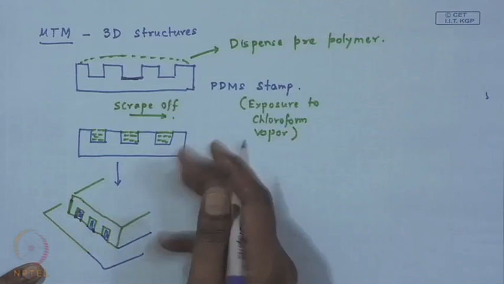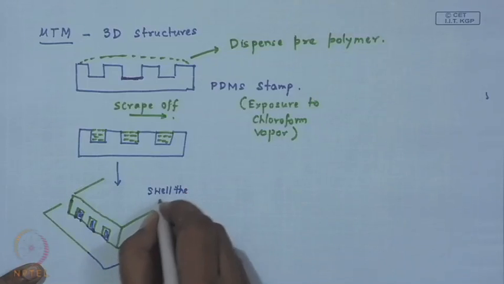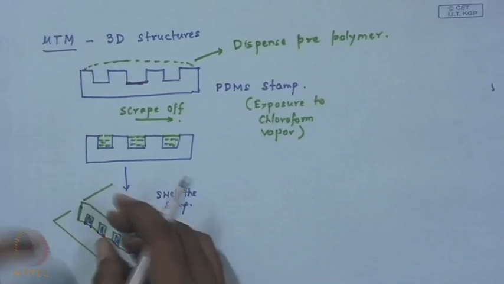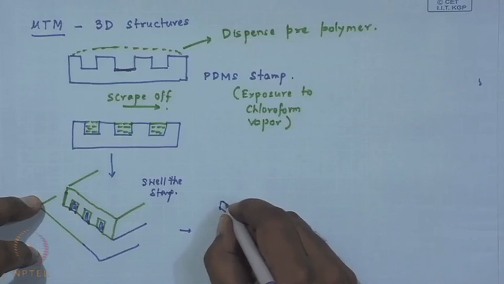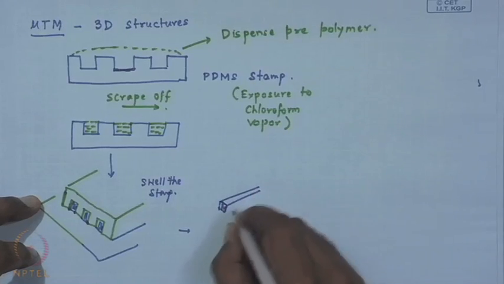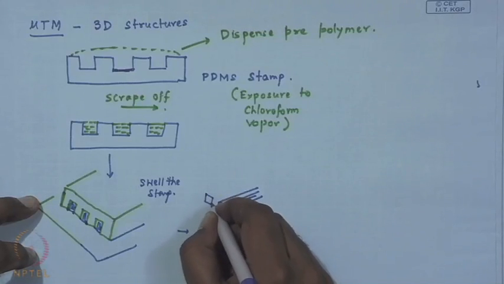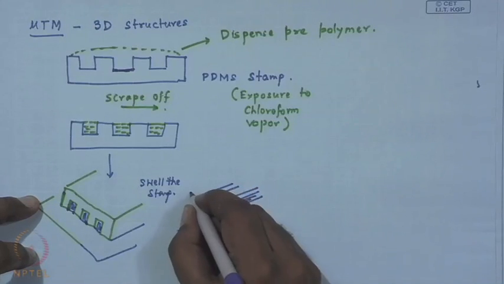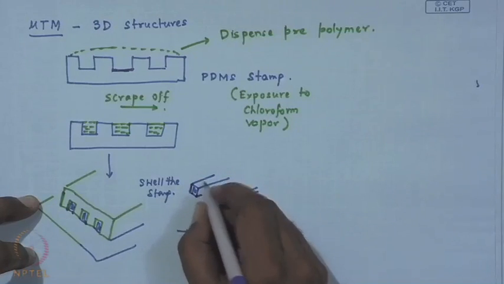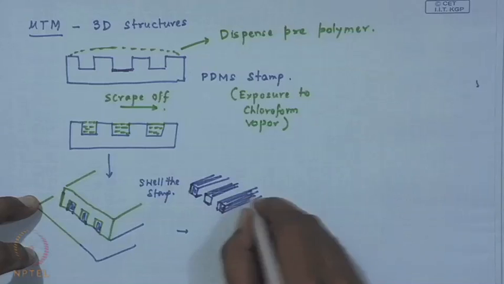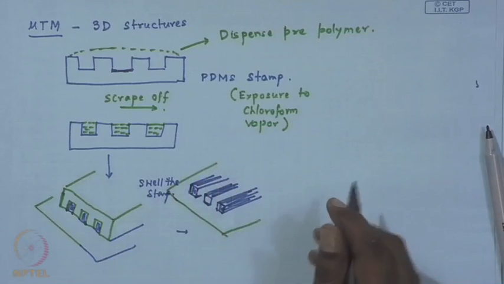So, now what you do is you swell the stamp so that it detaches, and withdraw the stamp. You leave behind isolated strips of the material on the substrate.